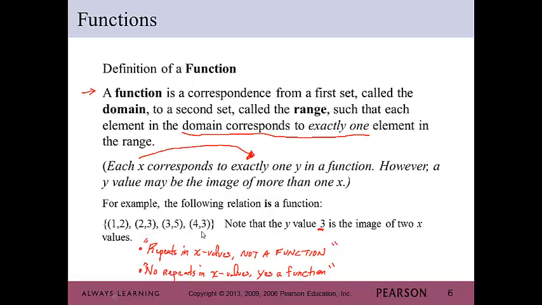Now the question is, is this relation a function? And the answer would be yes. You are allowed to have repeats in your y's. Do you see repeats in the x? Well, I got 1, 2, 3, 4. No repeats, therefore it is a function.